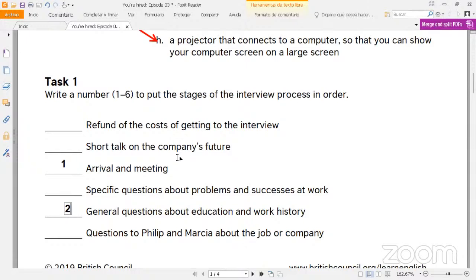Questions to Philip and Marcia about the job or company. Number 3. No. Specific questions about problems, number 3. That will be 3. Yes. Short talk on the company's future. Number 4.